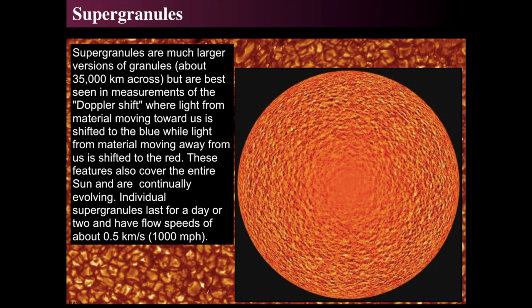They tend to be much slower moving, but they are also gradually evolving. So it's a scale issue, and we notice them by looking at a Dopplergram. This particular sub-image is a Dopplergram that shows the speed, based on the emitted light at one wavelength. If it's brighter, it's moving towards us, and if it's darker, it's moving away from us.